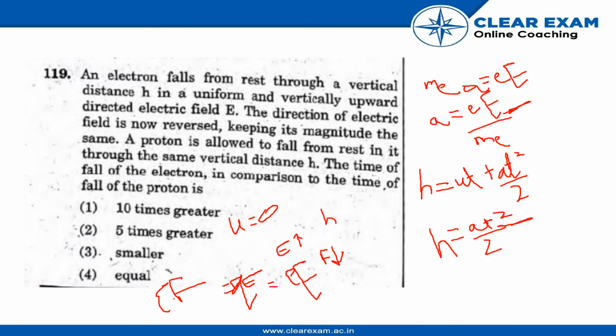So we will get, after putting the a value, h equal to eE t squared upon 2m.